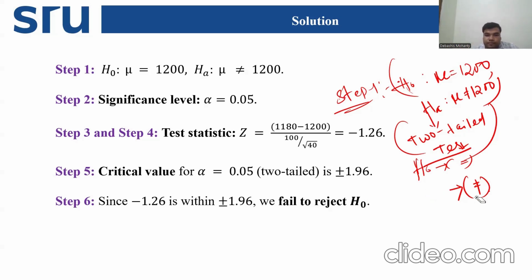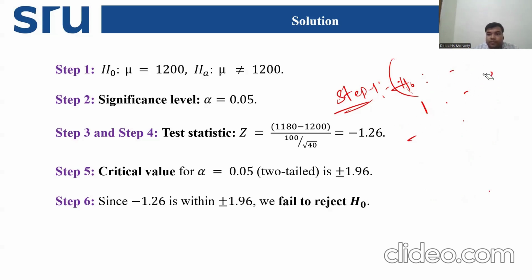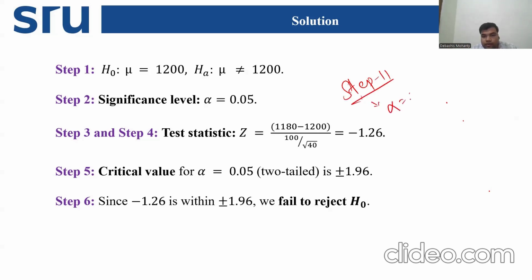Okay, students. Next, coming to the significance level alpha value. Alpha is equal to 0.05. So here the significance level is given: alpha is equal to 0.05. So in step 2, we follow that alpha value is equal to 0.05. And in the third step, we have to find the test statistic. To do so, we apply the formula Z is equal to x bar minus mu divided by sigma divided by square root of n.